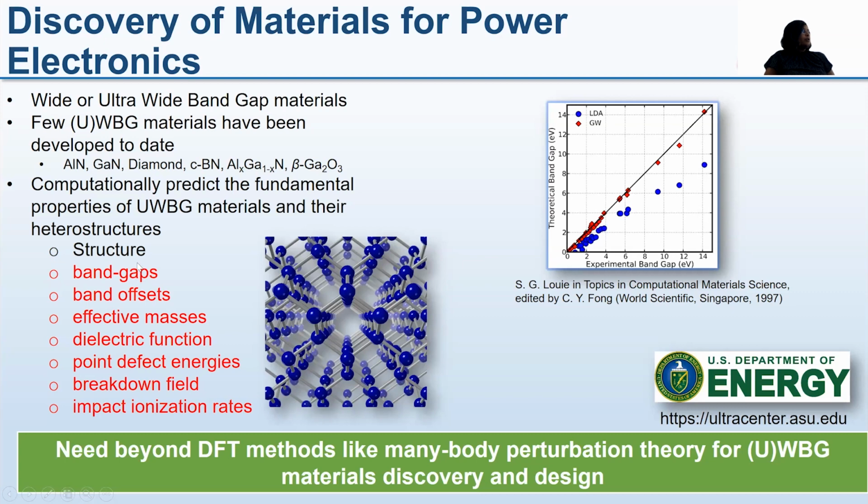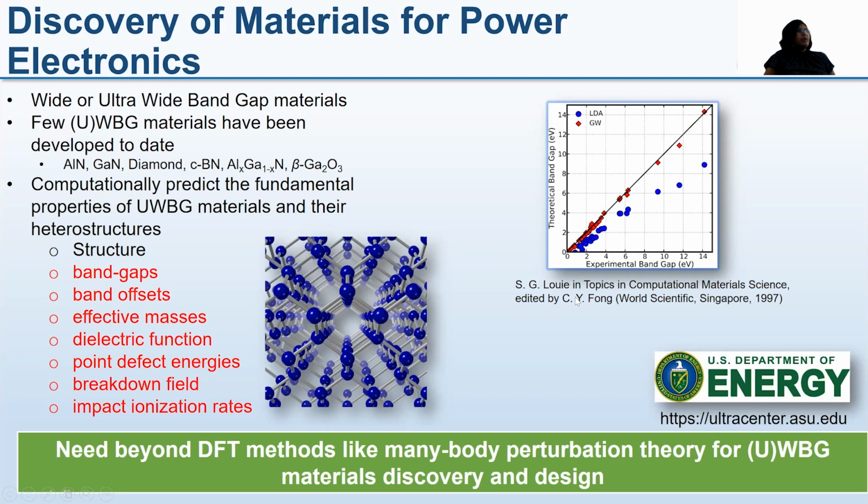And here I show some of the properties which can be determined using computations, and except the structure, you'll notice all the ones listed in red, such as band gaps, band offsets, impact ionization rates. These are all very much dependent on the electronic structure.